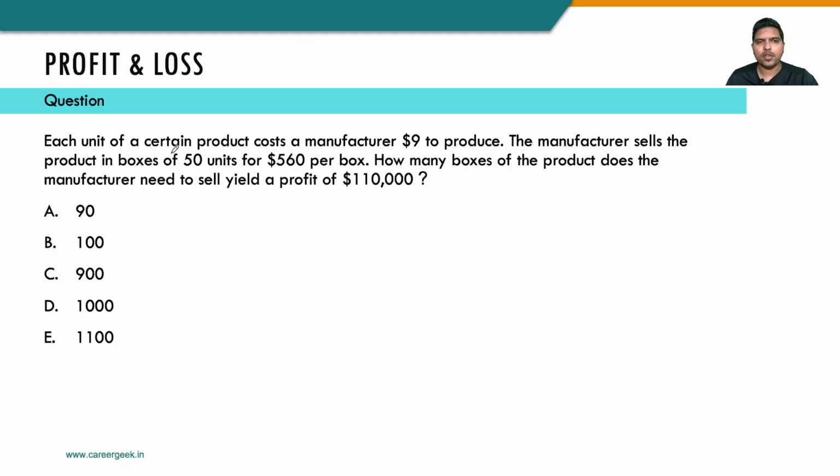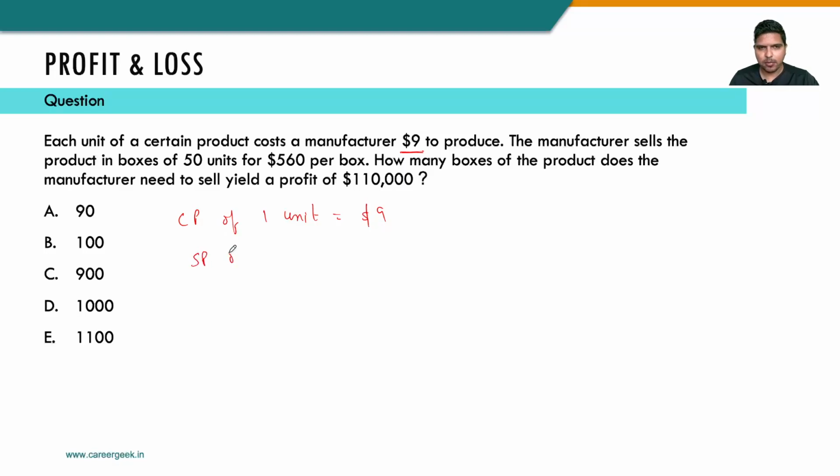Each unit of a certain product costs a manufacturer $9 to produce. So the cost price of one unit is given as $9. The manufacturer sells the product in boxes of 50 units for $560.